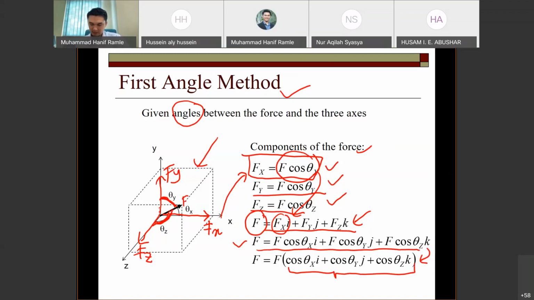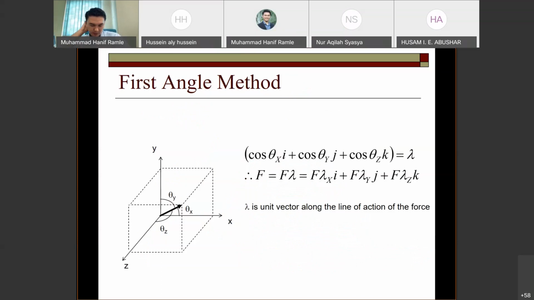For the next slide, if you still remember in mathematics, we have lambda. So we can simplify the resultant equation into this one: F equals F lambda.